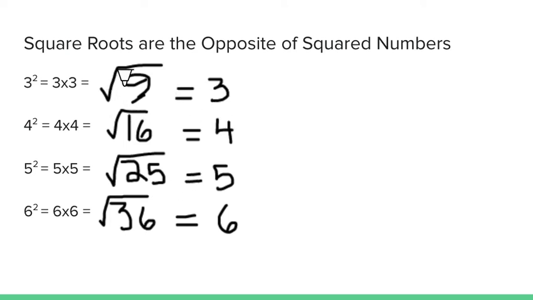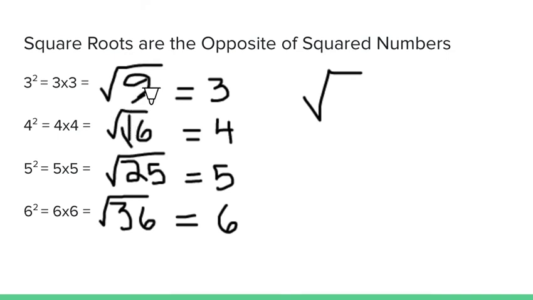Like I said before, 9's a perfect square, 16's a perfect square, 25's a perfect square, 36 is a perfect square. And once again, why is that? Well, because a whole number times itself gives us these numbers. Like 3 times 3 gives us 9, 4 times 4 gives us 16, 5 times 5 gives us 25. But what if somebody asked you to find a square root that was between two perfect squares?